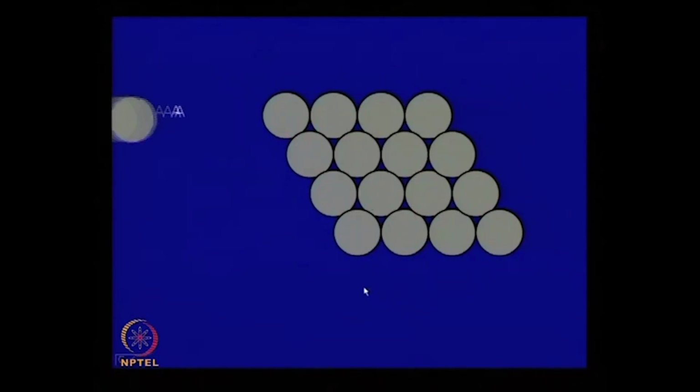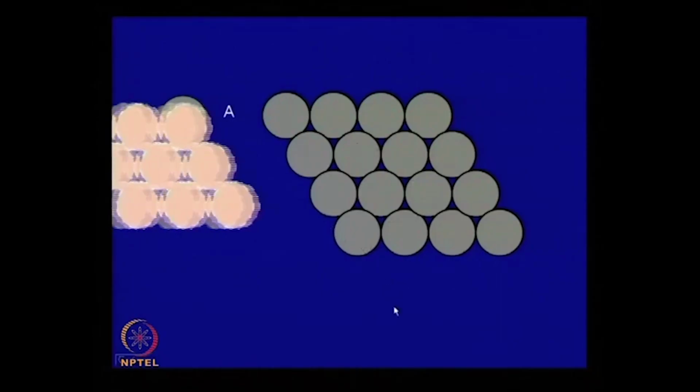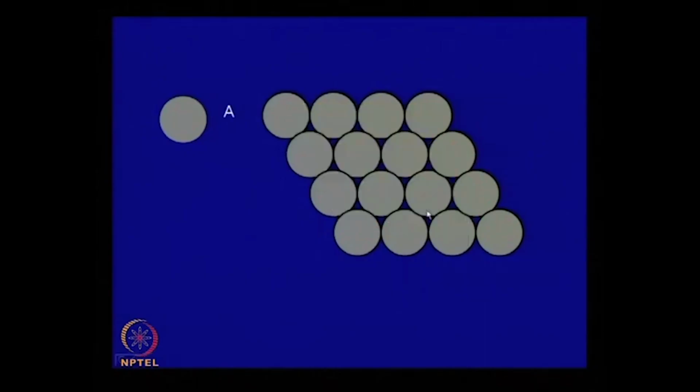Suppose we call this layer A. Now, if you try to bring another layer of hard spheres on it, where does it go? There are 2 places the next layer can occupy, one here, another here, but if you put an atom here, part of this gets blocked. So, you can have only either here or here.